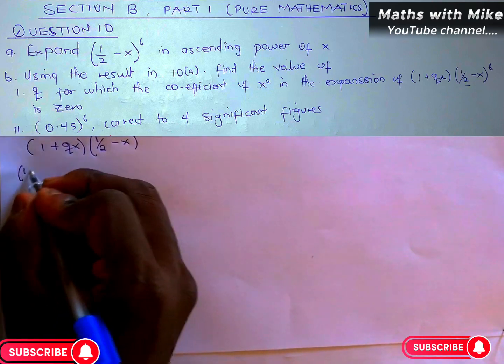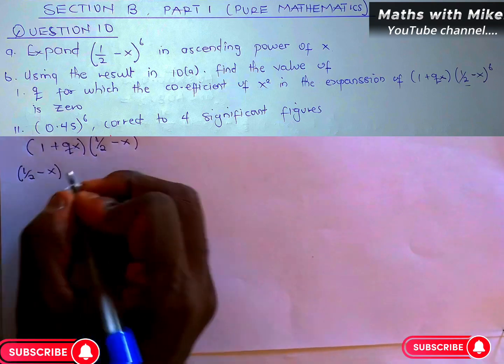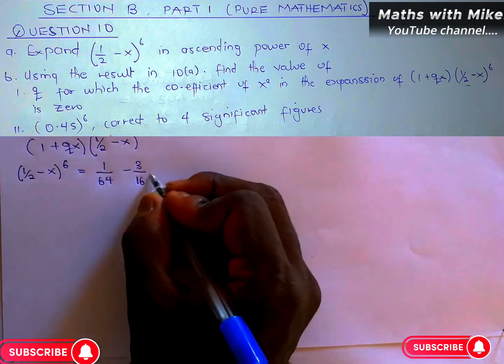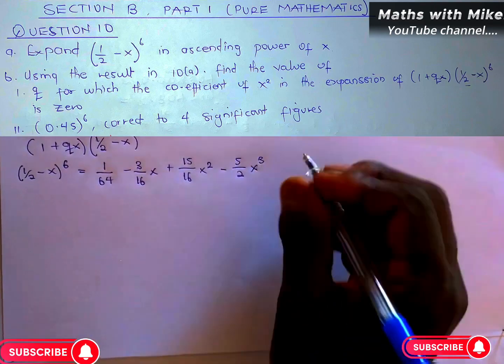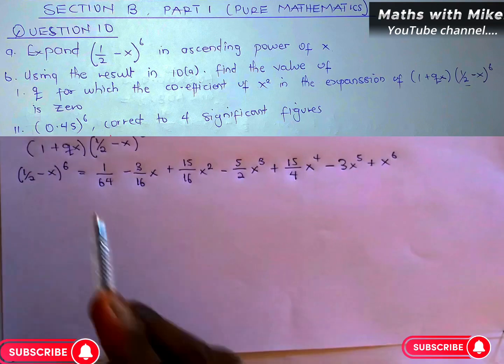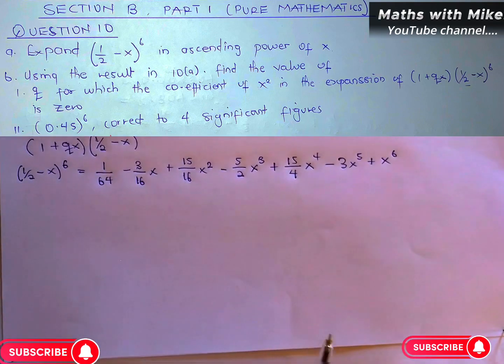So 1 over 2 minus x exponent 6 gives us 1 over 64 minus 3 over 16 x plus 15 over 16 x squared minus 5 over 2 x exponent 3, 15 over 4 x exponent 4, minus 3 x exponent 5 plus x exponent 6. After expanding, this was the answer we had. But the question says we should find the value of q for which the coefficient of x squared is 0, so we are only interested in the coefficient of x squared.